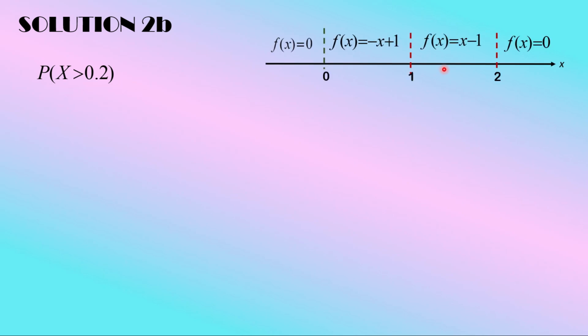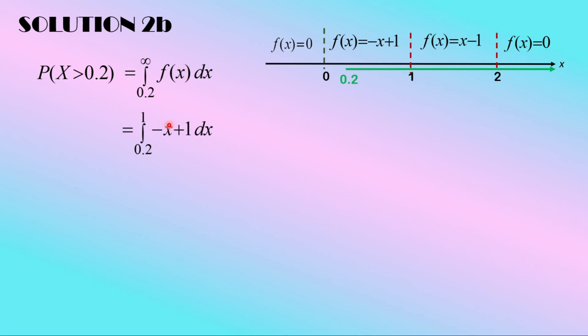Next, find the probability of random variable x greater than 0.2. Here is the number line of the probability density function. Here is 0.2, and the green arrow represents x greater than 0.2. That means to find the probability, the integration process should be done from 0.2 to infinity for the function f(x) in the following intervals.